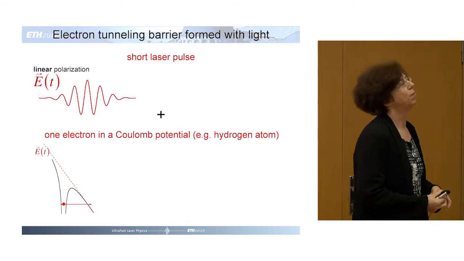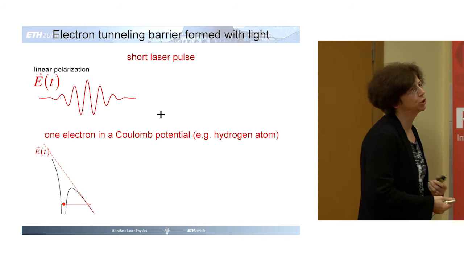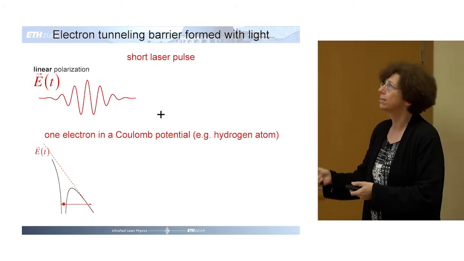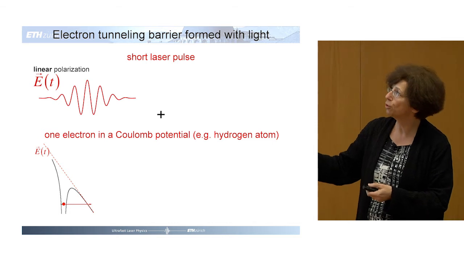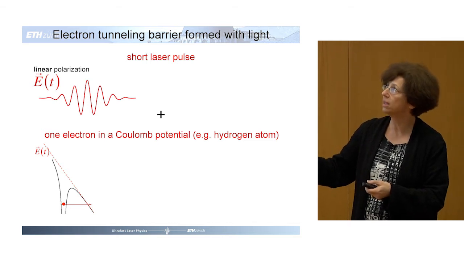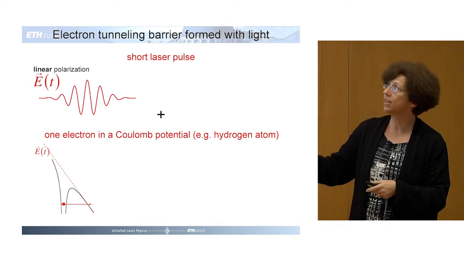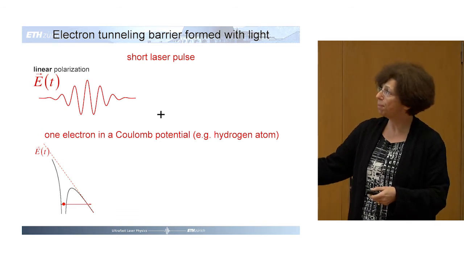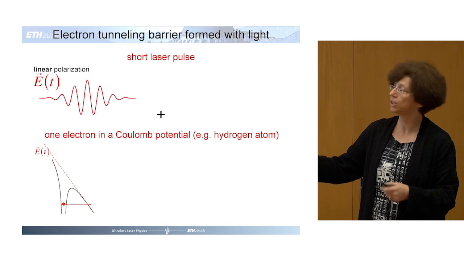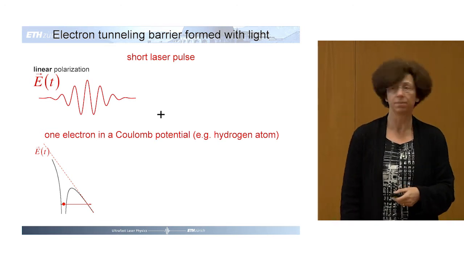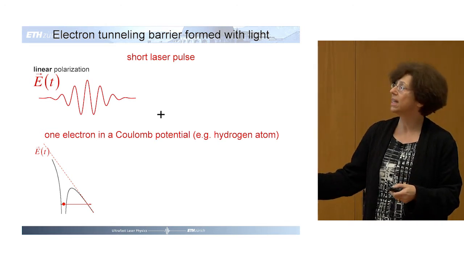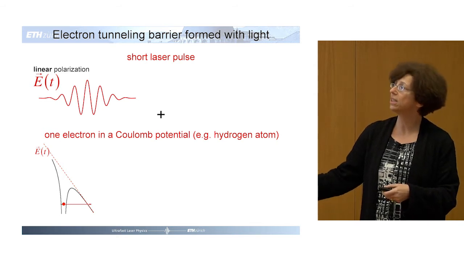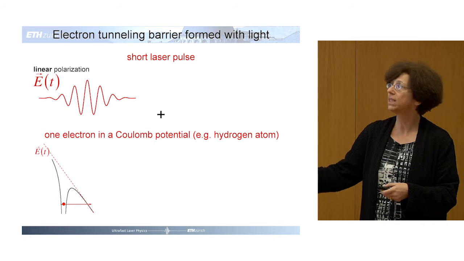So there was another approach, to use light. If you use light and an atom, so you take your photon wave packet, a short pulse, and make the electric field in this light pulse so strong that you bend the Coulomb potential, for example of a hydrogen atom, so strongly that an electron can be pulled out through tunneling, then you form the tunneling process with light.